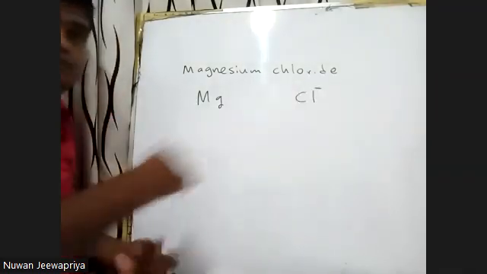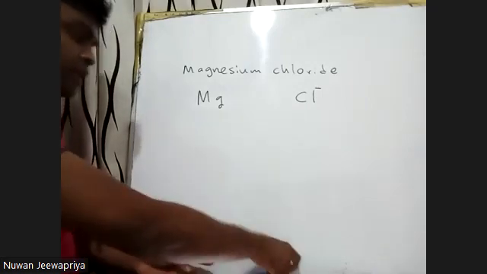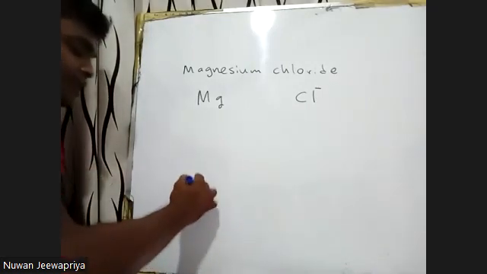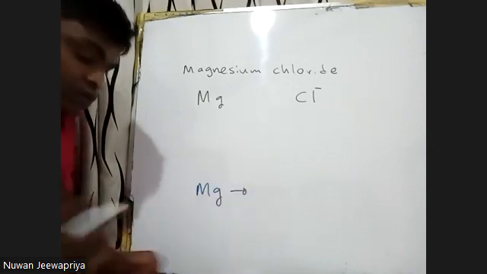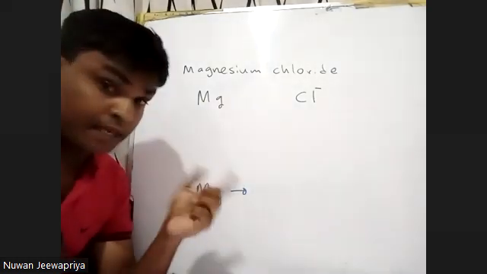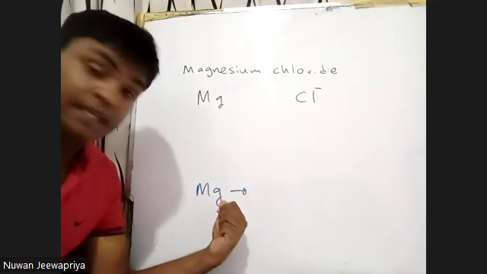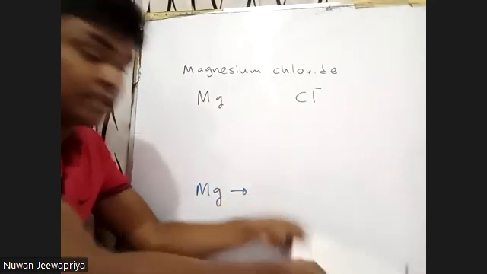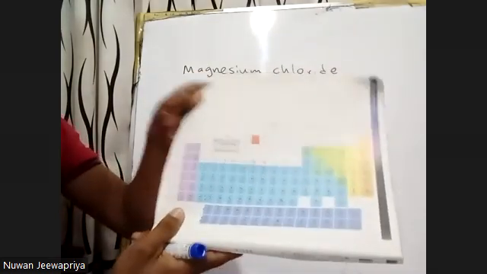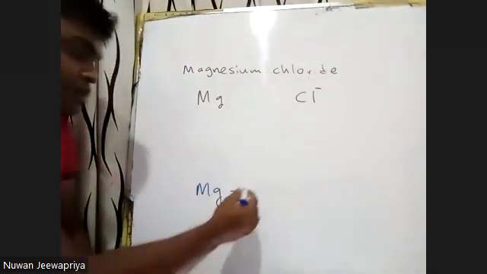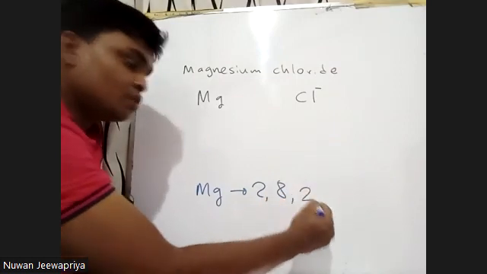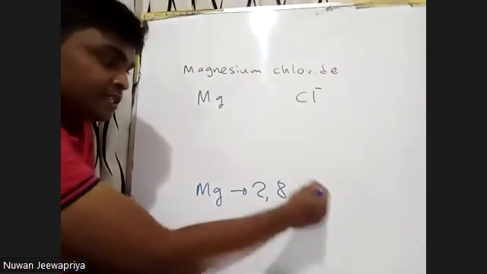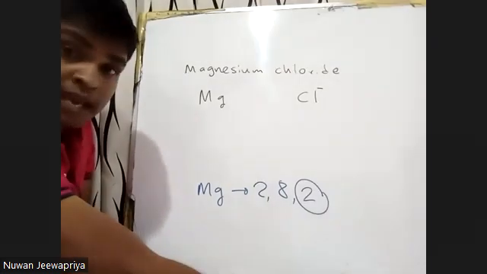Cl minus. Okay, magnesium's atomic number is 12. Students who know the electronic configuration, you find in the periodic table it's 12. So how do you write that? 2, 8, 2. Which is easier, being 0 or being 8?